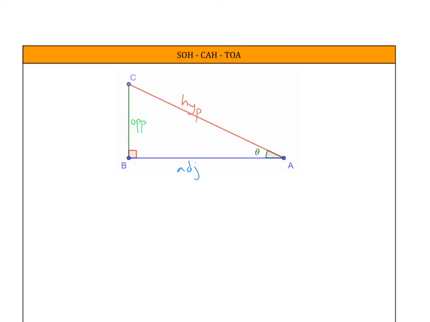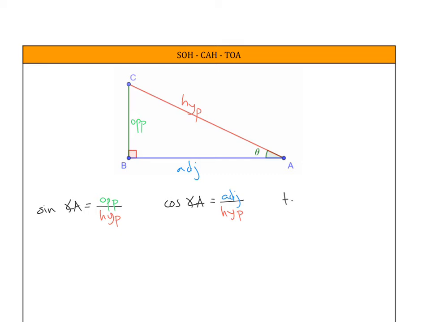So let's rewrite all three ratios down first, though. We have sine of angle A is equal to the opposite leg divided by the hypotenuse. We have cosine of angle A is equal to the adjacent leg divided by the hypotenuse.